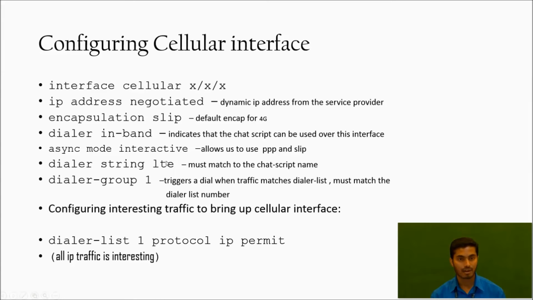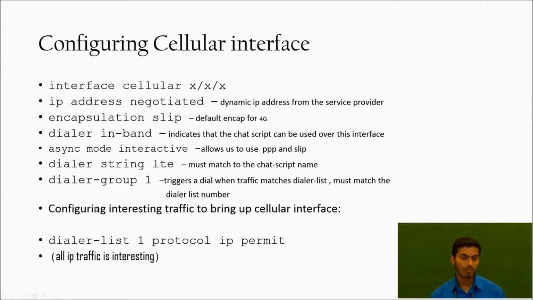And the dialer string LTE, this LTE ensures that this is the name, this matches the name of the chat script, and this is what triggers the dialer. And the dialer group 1 triggers a dial when traffic matches the dialer list, and number 1 here should match the dialer list configuration, dialer list number.